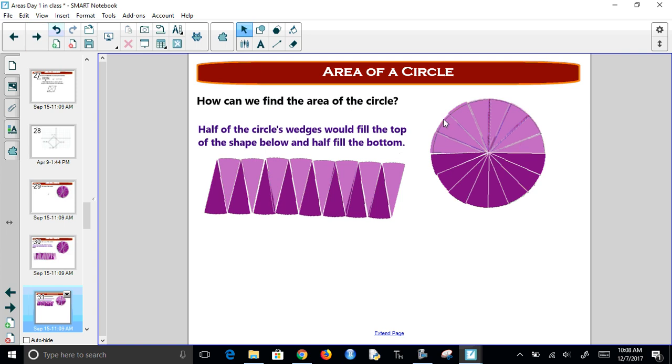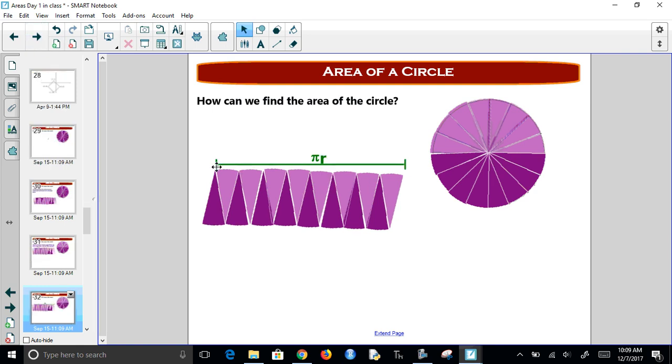Now, if I color the top half light purple and the bottom half dark purple, you can see that it's half and half here. And now we know the distance around the whole circle, the circumference, is pi times diameter. So if I want half of it, that's pi times radius.